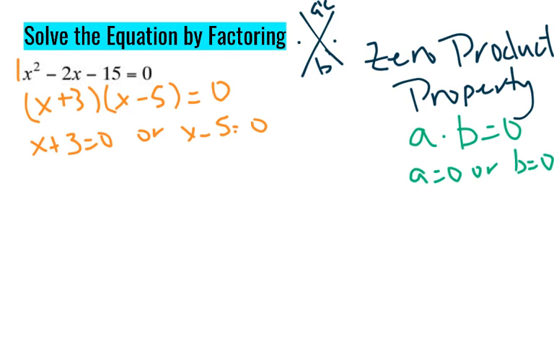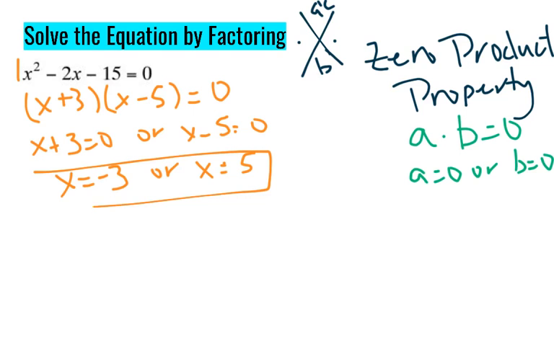Now I can solve these two equations, right? So to get x all by itself, I'm going to subtract 3 from both sides and get x equals 3. Sorry, I apologize. X equals negative 3. Or on this one, I'm going to add 5 to both sides and get x equals 5, right? And then there are my solutions.